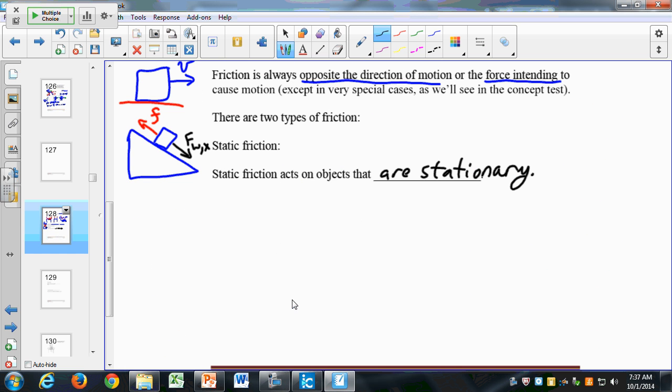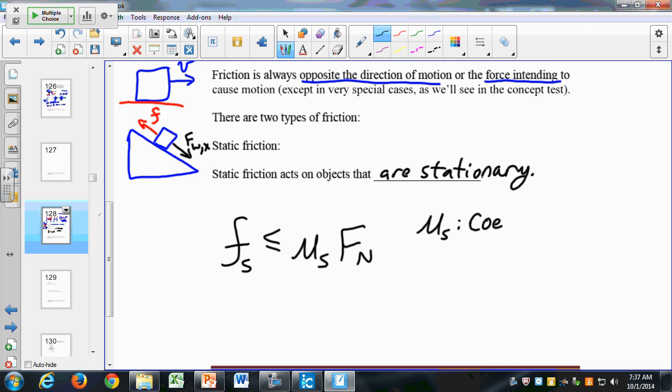Static friction, we're going to use the script F with a subscript S for static. It's actually not equal to, it is less than or equal to mu S times the normal force. Here mu S is the coefficient of static friction.